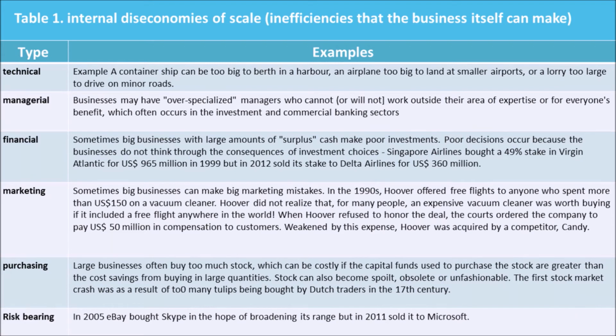4. Marketing. Sometimes big businesses can make big marketing mistakes. 5. Purchasing. Large businesses often buy too much stock, which can be costly if the capital funds used to purchase the stock are greater than the cost savings from buying in large quantities.